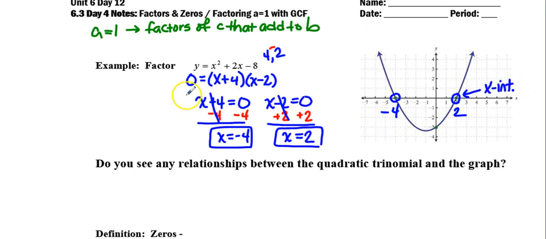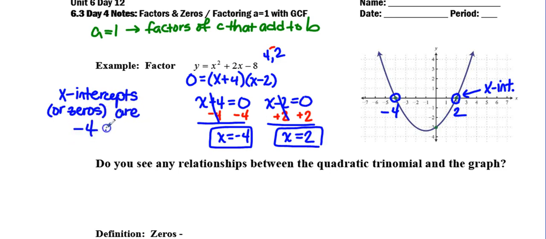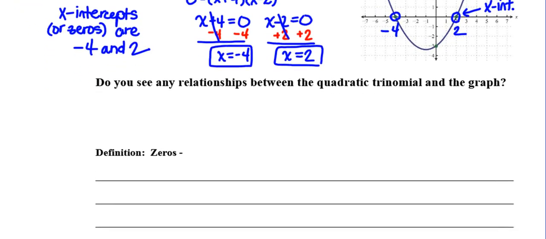So what we actually just found are the x-intercepts. X-intercepts, which are also called zeros, are negative 4 and 2.